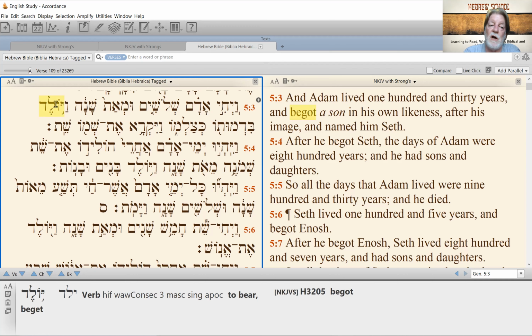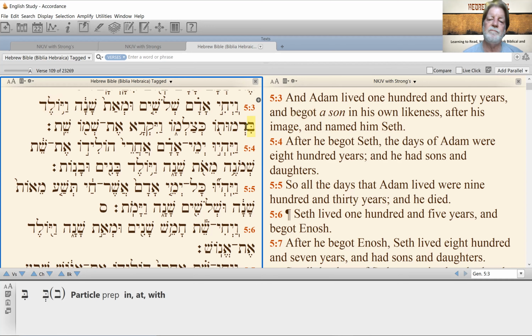And since this is all past tense, we translate it in the past tense. He begot rather than he beget. Yoled, he became the father of, he begot, he bore. That sounds more like a female.